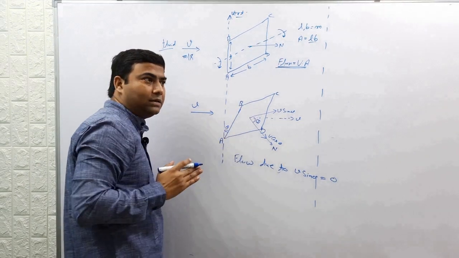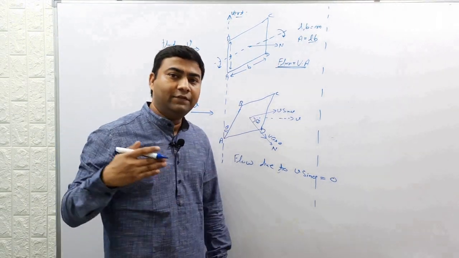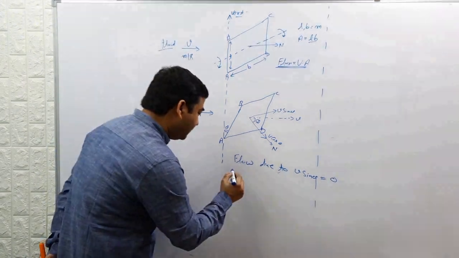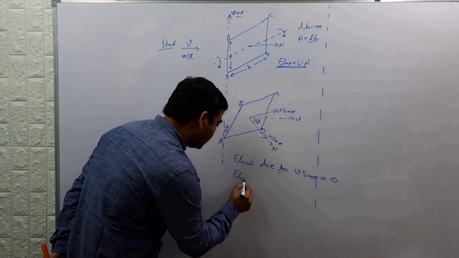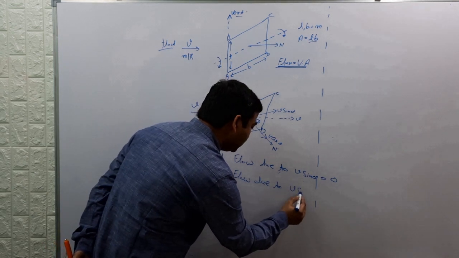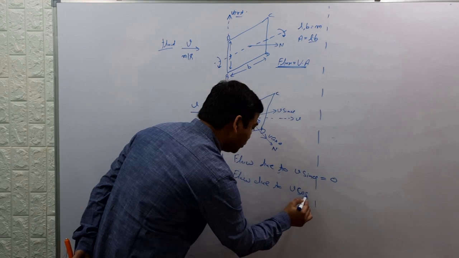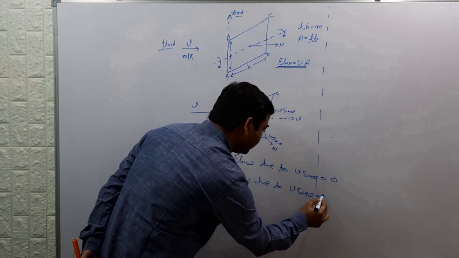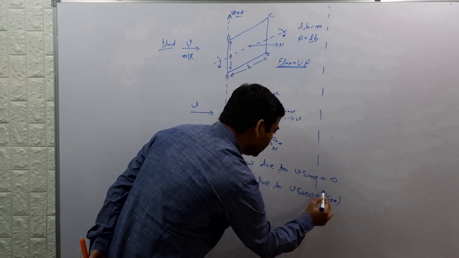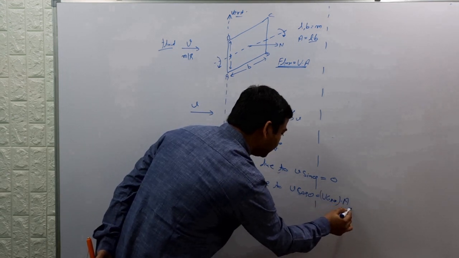Along the plane, it will not contribute any flow of fluid passing through this area. And the flow due to the component v cos theta will be v cos theta into area.